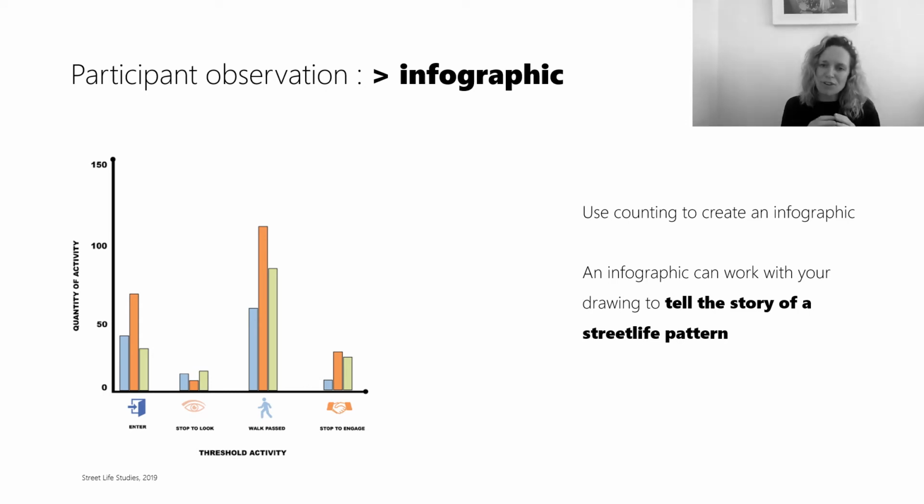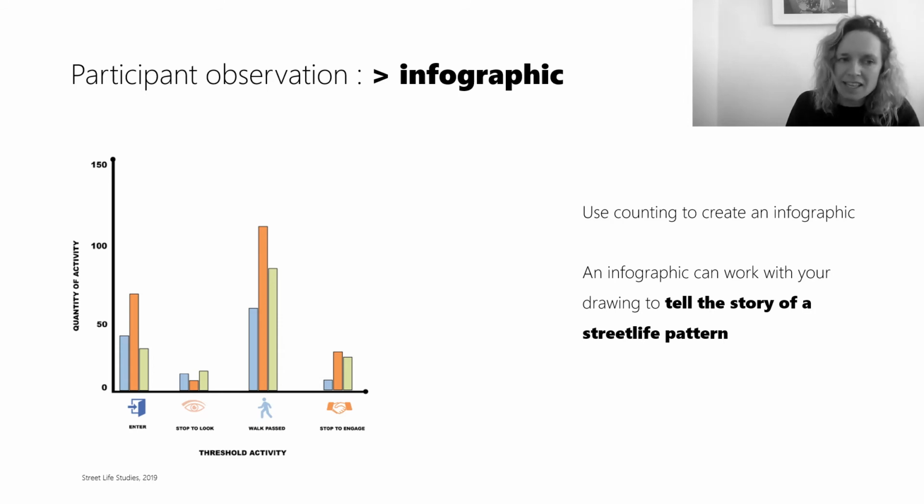So an infographic is another tool that we can use as designers and as architectural ethnographers to tell the story of a street life pattern. And so infographics are a helpful tool to compare elements.